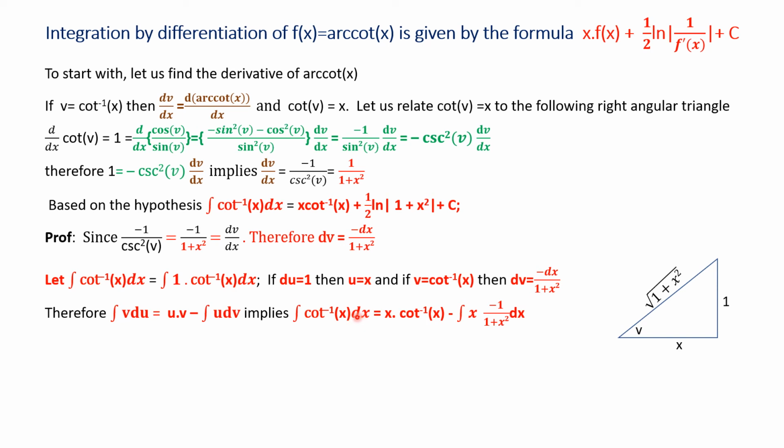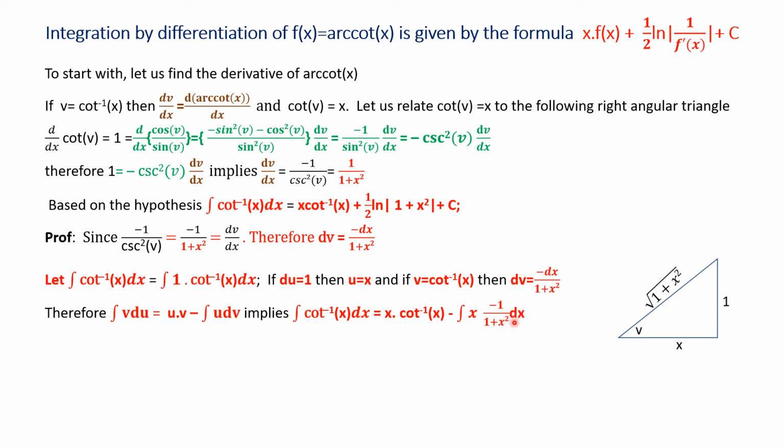With respect to dx, the integration will be equal to the first term, which is the product of u, equal to x, multiplied by v, equal to cot inverse of x, minus the integral of u dv. Our u is x, our dv is negative dx divided by 1 plus x squared. So our integration over here is integration of x multiplied by negative 1 divided by 1 plus x squared dx.